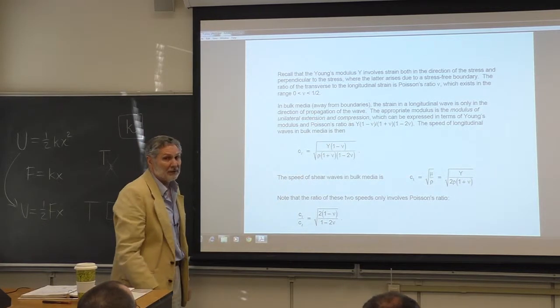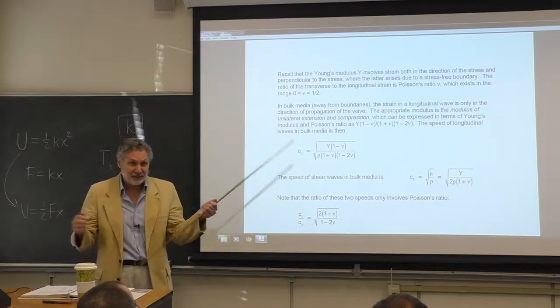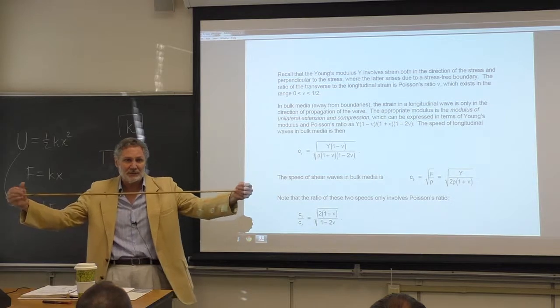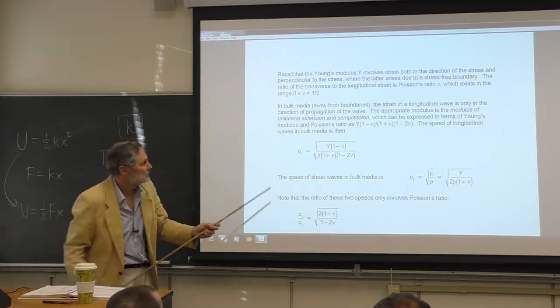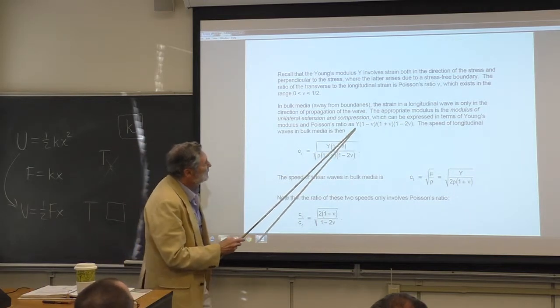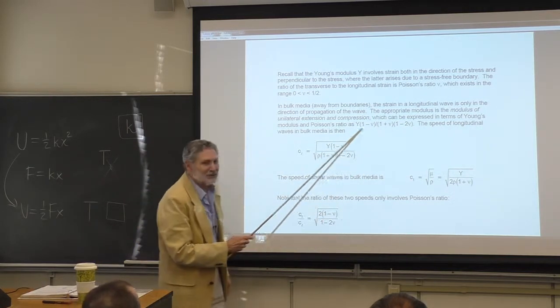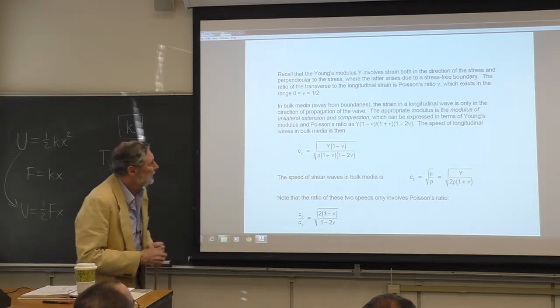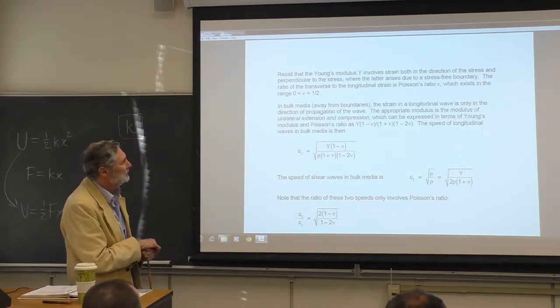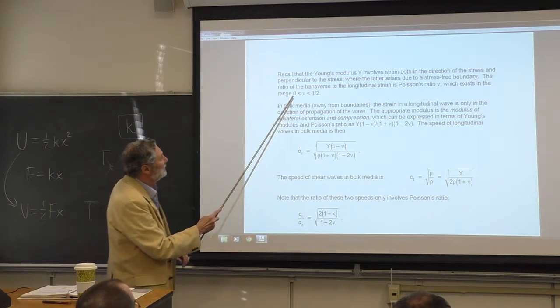And it's greater than the Young's modulus. It's stiffer. When it's not allowed to bulge, it's going to be stiffer. And it's given by this expression, in terms of the Young's modulus and Poisson's ratio. You can show that it's greater if you play around and respect that range.